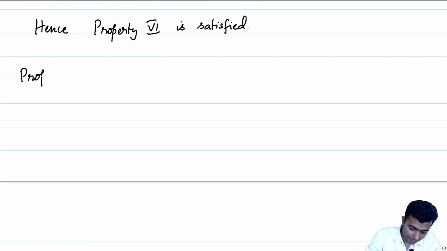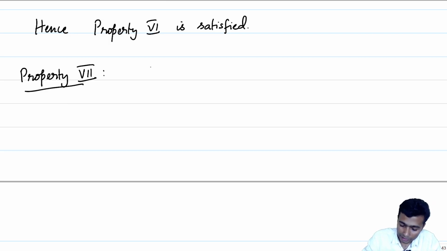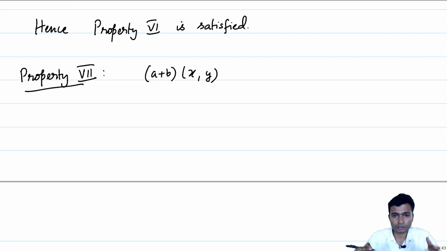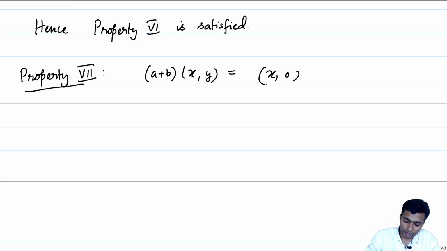How about property 7? Property 7 demands that (a plus b) times (x, y), let's see what this is. It doesn't matter what a plus b is, say c times (x, y) is just going to be (x, 0). And what is a times (x, y) plus b times (x, y)?